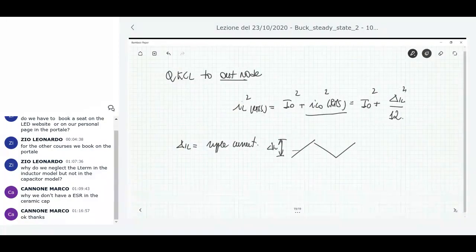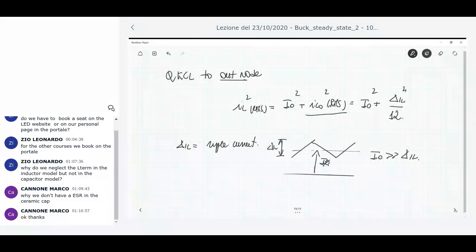Remember that the average value of the inductor current is I naught. Typically, in CCM design, I naught is much larger than delta IL. Why? Because this is a means to reduce the stress of components.